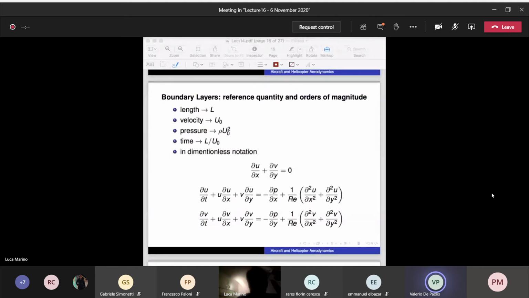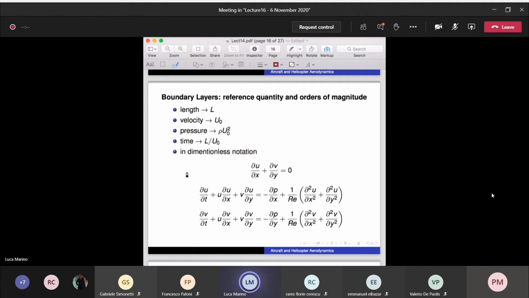So now I should repeat the same procedure for the left-hand side, but you will find that on the left-hand side you will have the rho, which is the reference density. So you will have rho 0, rho prime, which is rho over rho 0.